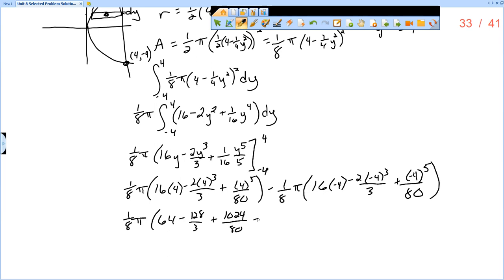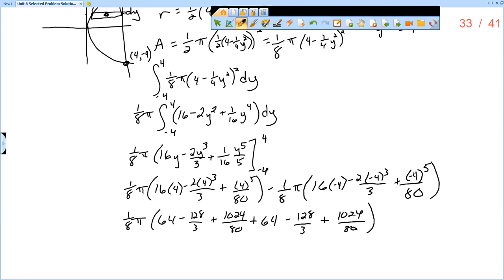Then minus. I'm leaving the 1/8 there, but now distributing the negative sign: the negative 64 becomes a plus 64, the minus 128 thirds stays minus 128 thirds after distributing, and it becomes plus 1024 eightieths.